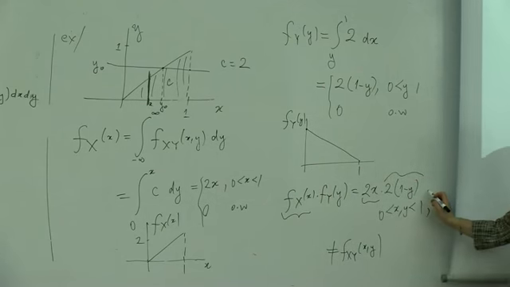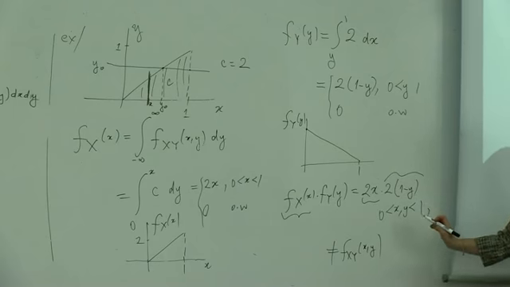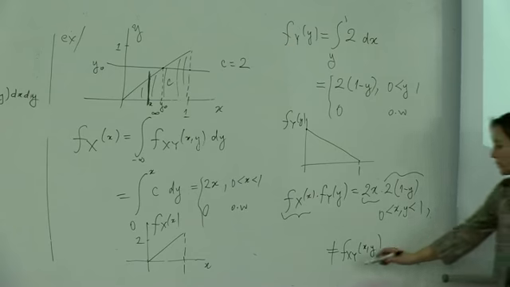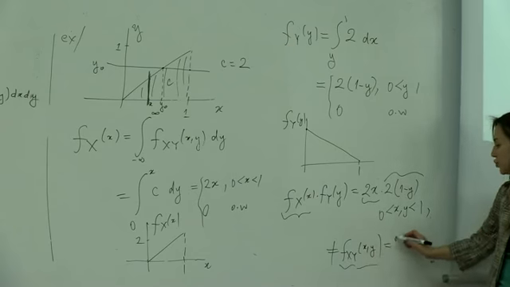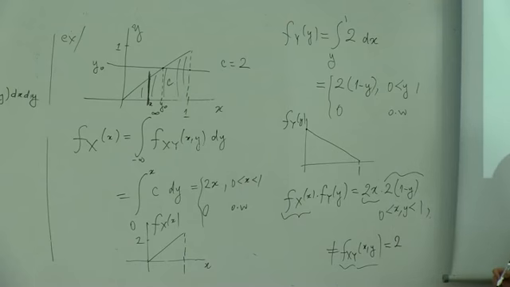So the product is valid for any x and y between 0 and 1. Which is different from this clearly, because it's just 2 in that range. And in fact, it's 0 in some part of this range. Do you see this? So f_XY is different from f_X times f_Y, which clearly proves that they are dependent random variables. But we already knew from the shape of the region that they were dependent.